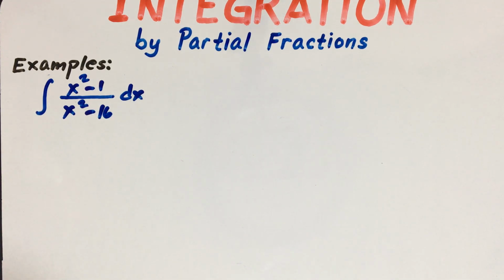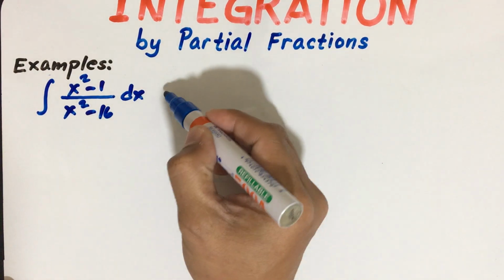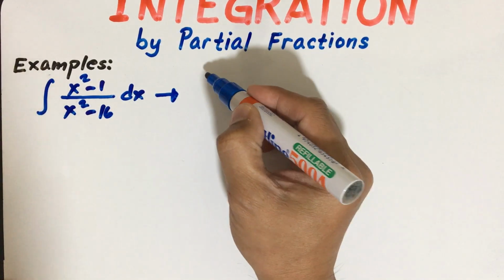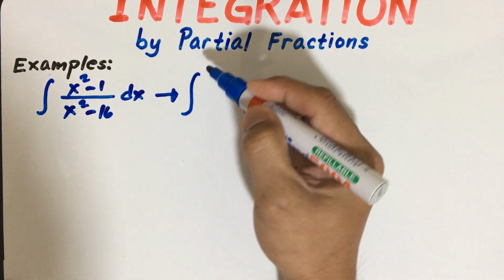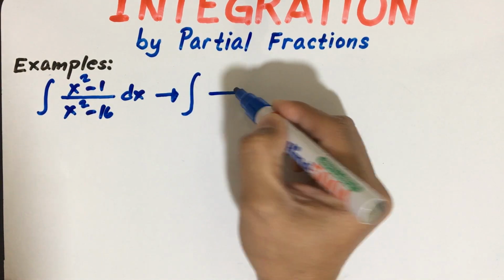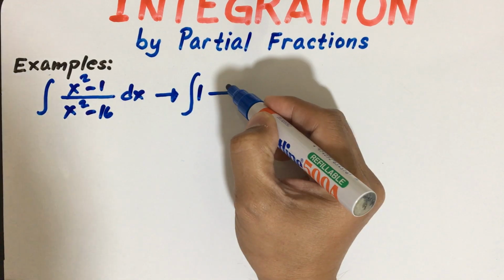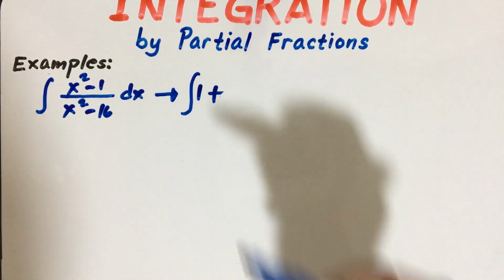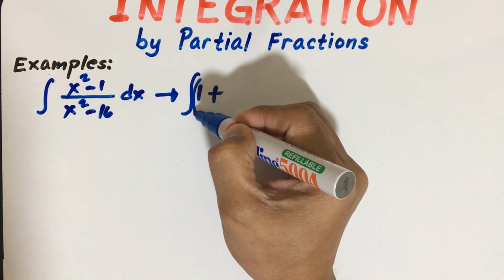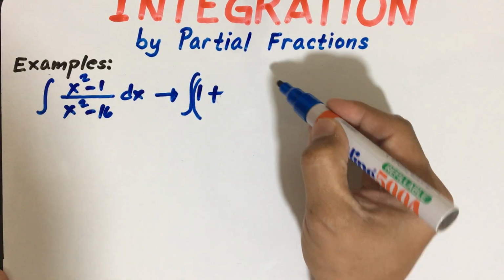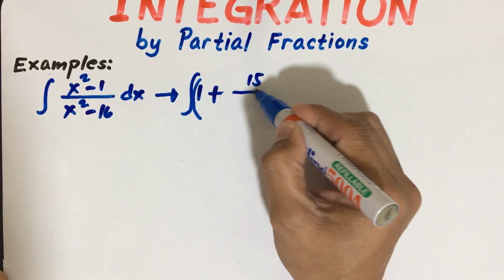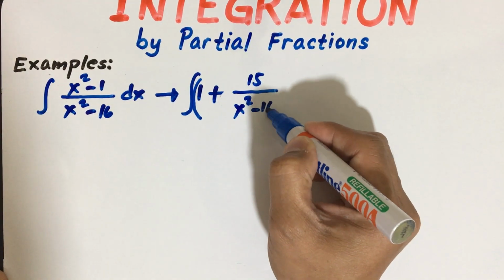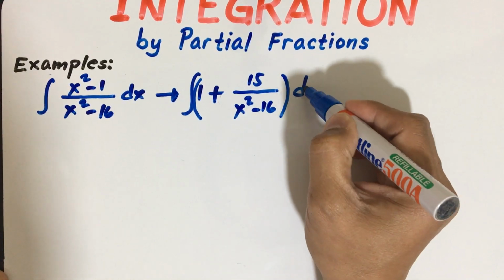This can be written as, this is just equivalent to the integral of, let's put it inside the parentheses, 1 plus 15 divided by x squared minus 16, and multiplied by dx.